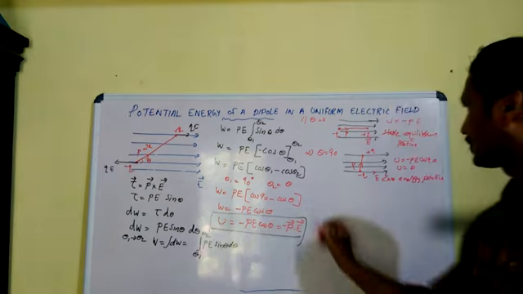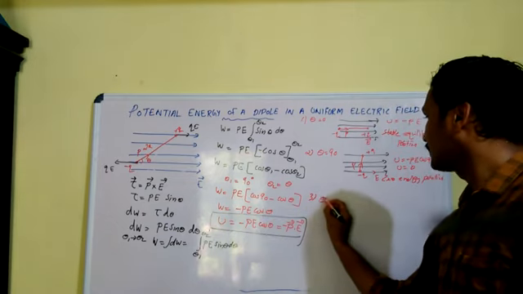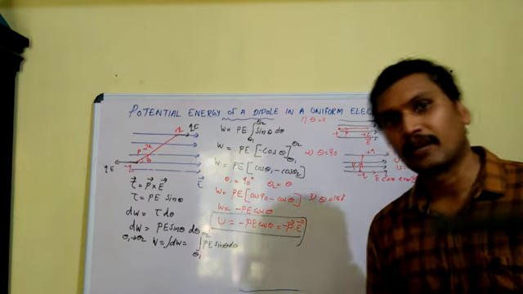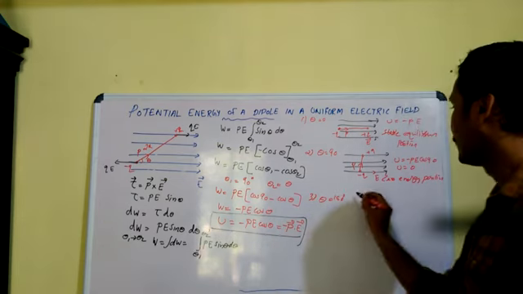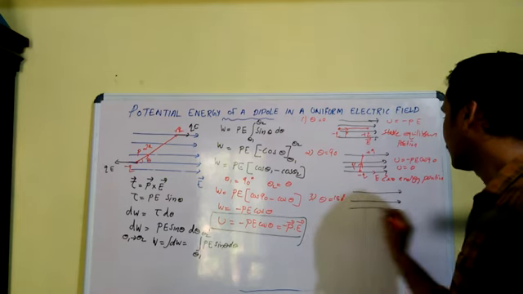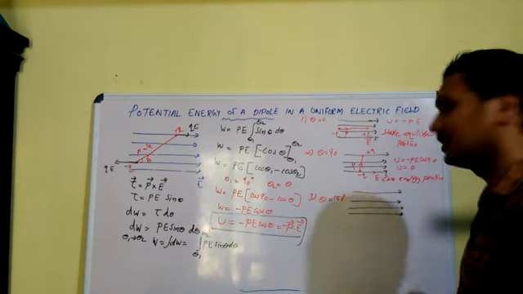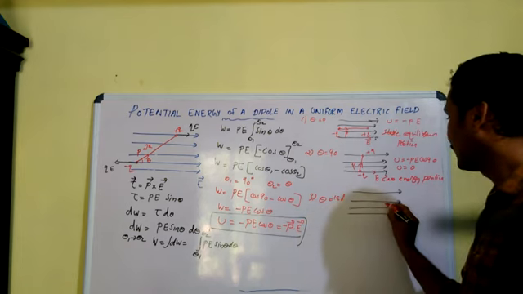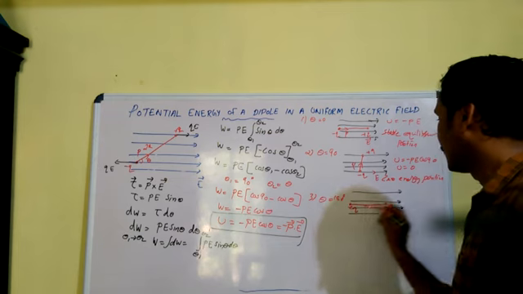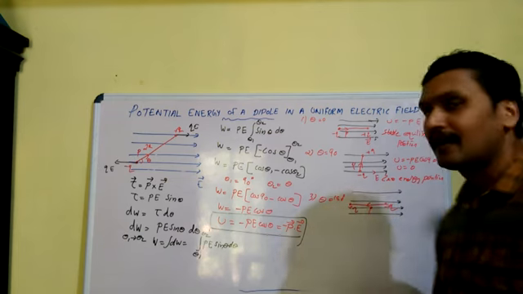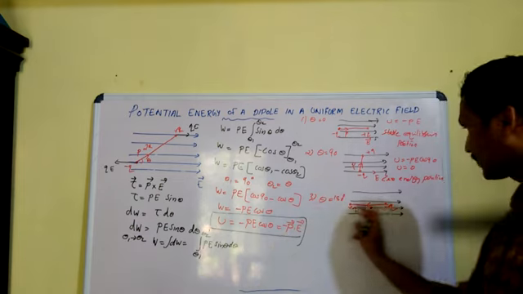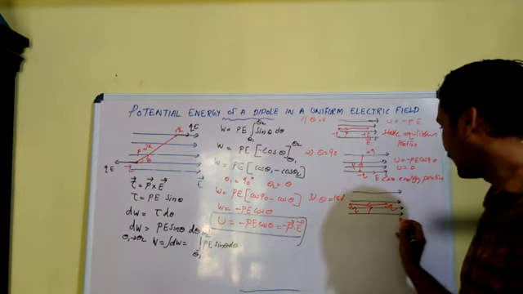One more position: suppose theta is equal to 180 degrees. How is the dipole aligned? Suppose this is the uniform electric field. This is the negative charge and this is the positive charge. The dipole is anti-parallel to the uniform electric field. This is the direction of the dipole moment and this is the direction of the electric field.